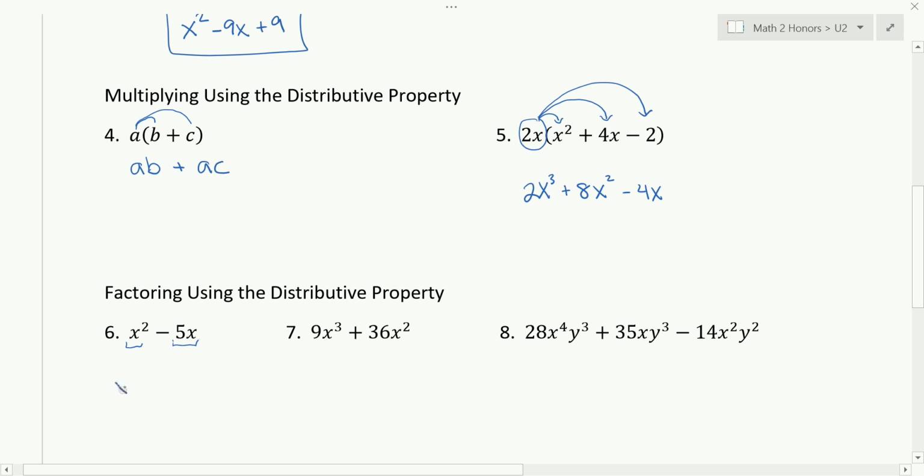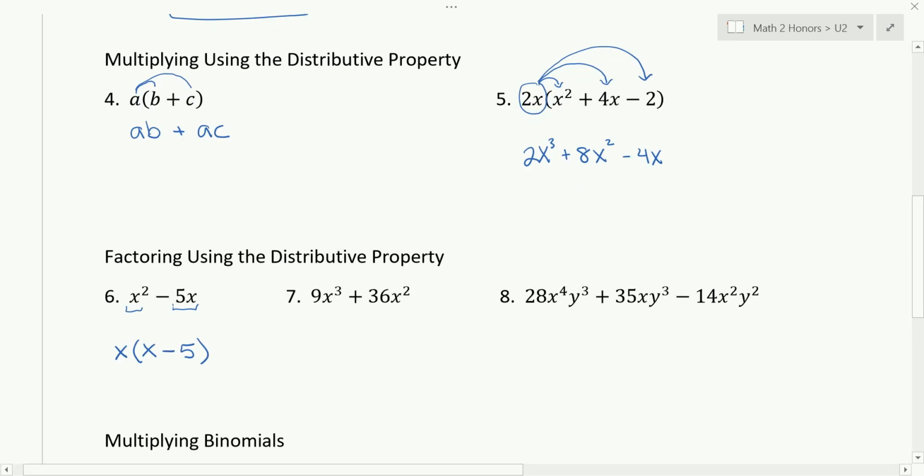So I'm going to factor out an x, I put that in front, and I divide each piece by x. So x squared divided by x would be x, minus 5x divided by x would be 5. And you can always check to see if you did it right by multiplying it out. x times x is x squared, x times negative 5, negative 5x. You know you did it right by going backwards.